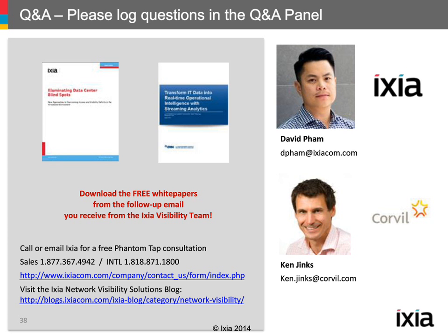Sure. So the virtual tap is basically a pure software solution that installs in the hypervisor kernel stack. There are two components. One is what we call the Phantom Manager, and that's just a management interface that connects and syncs to your vCenter. Once it connects to vCenter, it gives you all the object inventories, information about your hosts, VMs, and IPs.